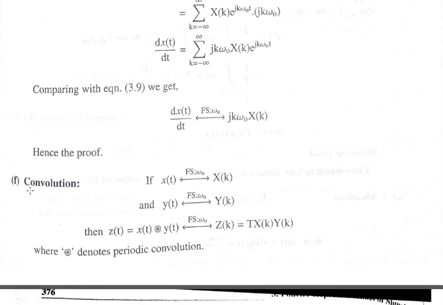Then the next one is the convolution. As we are already familiar with convolution, to find the convolution we need two signals. So let's consider another signal y of t with its own Fourier representation, and let's take the convolution of x of t and y of t as z of t.